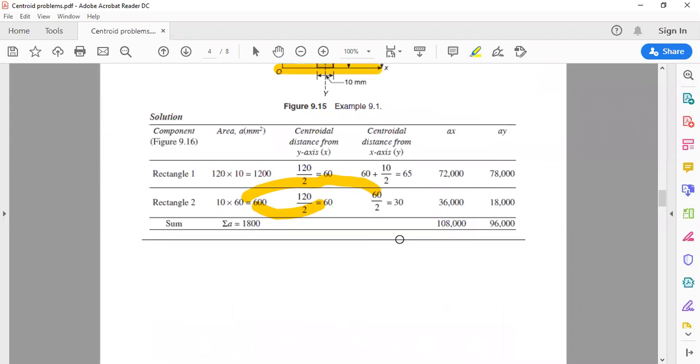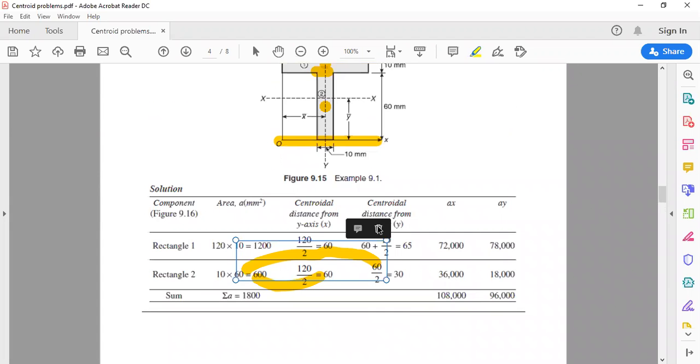So the final x bar and y bar, how are they to be calculated? Your final x bar is sigma ax divided by sigma a, that is 108,000 divided by 1800, and y bar is sigma ay divided by sigma a, that is 96,000 divided by 1800.